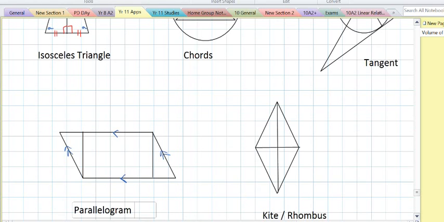Alright, two other shapes quickly, starting with a parallelogram. Sorry, I know this is a lot of writing, but these are things worth knowing. To create right angles in a parallelogram, you can draw straight lines between the parallel sides.